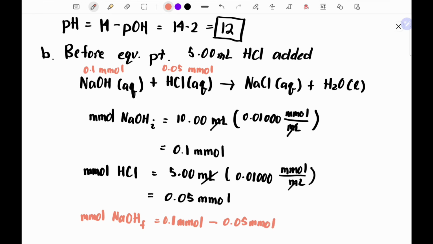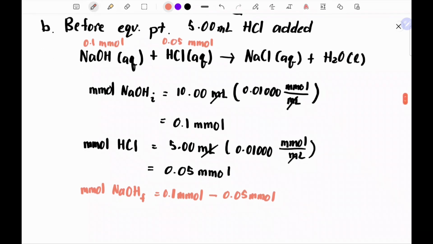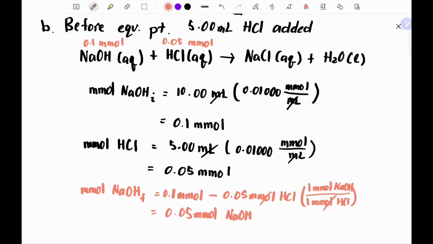Because this is a 1:1 reaction, we could just immediately subtract 0.05 from 0.1. But if you're having difficulty imagining why, we could also write this as 0.05 millimoles of HCl and use stoichiometry to convert it to sodium hydroxide. So there should be 0.05 millimole of sodium hydroxide after we add 5 ml.